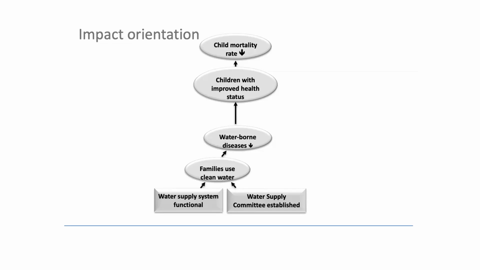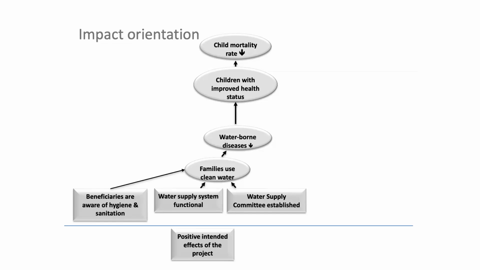And we also know, with waterborne diseases and clean water, what is really important is that a lot of hygiene measures are accepted and applied. So we need also to create more awareness among the beneficiaries on hygiene and, of course, also sanitation. And all this we can call then the positive intended effects of a project.